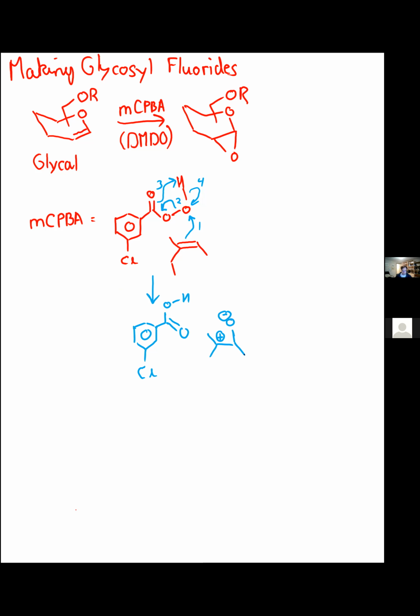You get that. That, of course, is not particularly stable because you've got a negative charge and a positive charge. That's a pretty decent carbocation. Alkoxides are fine, but not when they're not close to each other.